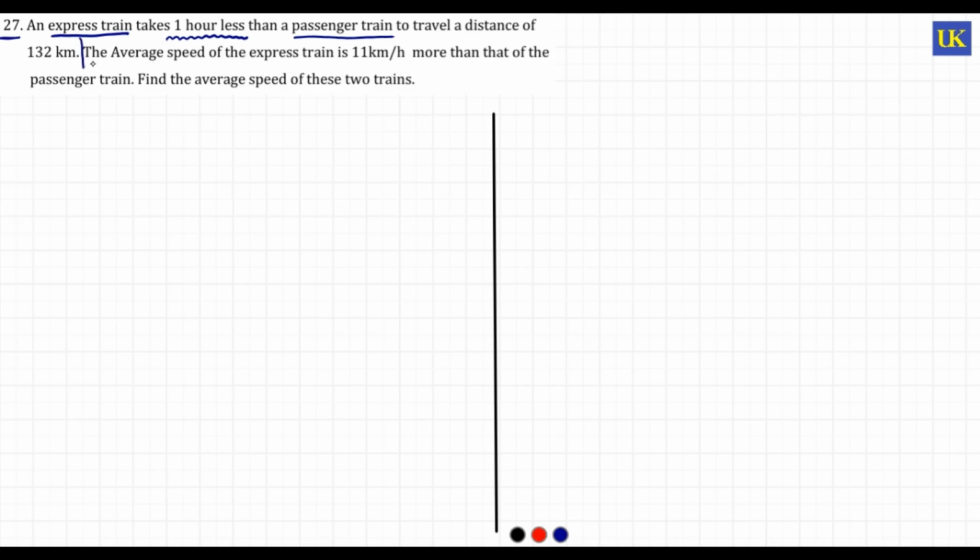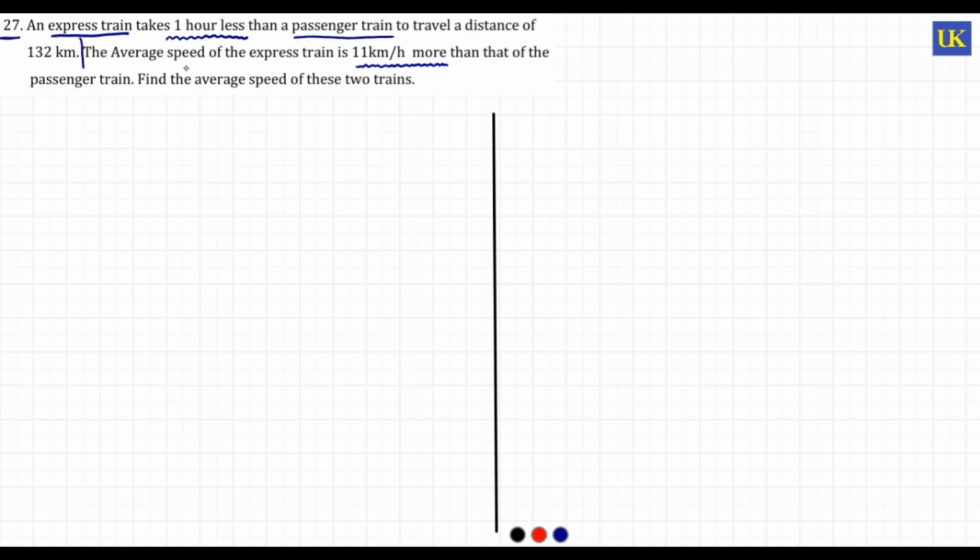Then next they are saying that the average speed of the express train is 11 kilometers per hour more when compared to that of the passenger train.